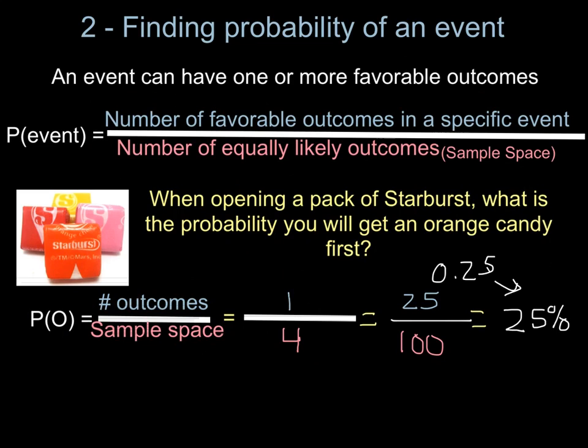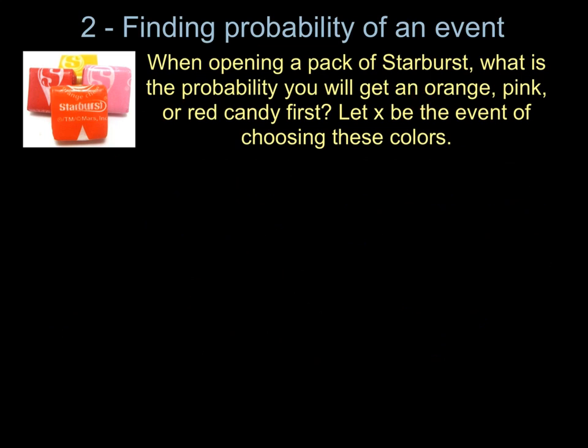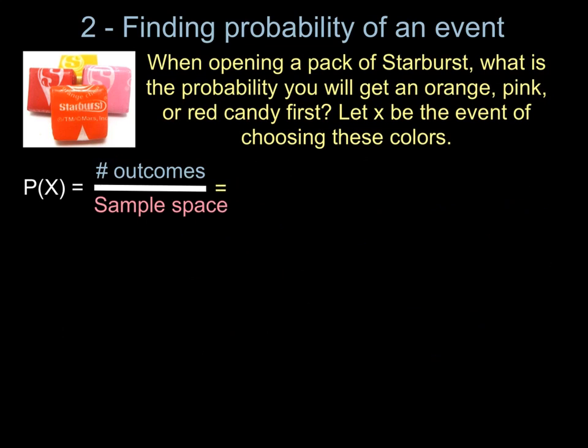If we wanted to write this in sentence form, which you will be having to do when I ask you, there's a 25% chance that you will get an orange candy first when opening a pack of Starburst. Real quick, let's look at a second example with the same Starburst. This time, we're going to see what the probability is to get an orange, pink, or red candy first. We let event X be the event of choosing these colors. So probability of event X is equal to the number of outcomes over the sample space.